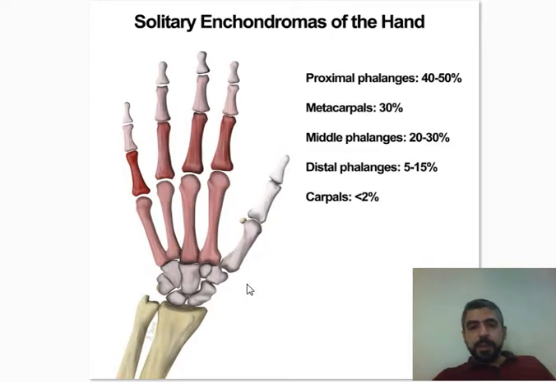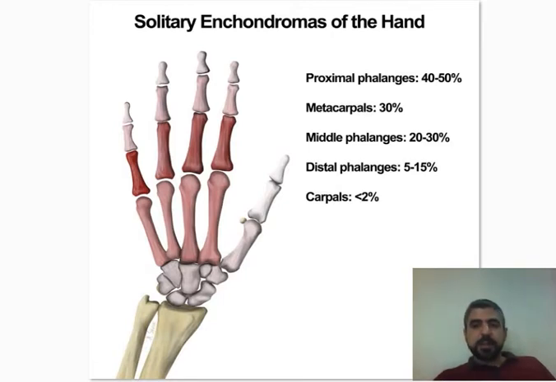It's a benign bone tumor, which means it has the features of benign lesions. Usually it is intramedullary, well defined, and has a narrow zone of transition. It might cause some cortical expansion and remodeling, but no signs of cortical destruction or invasion unless there is a pathological fracture.